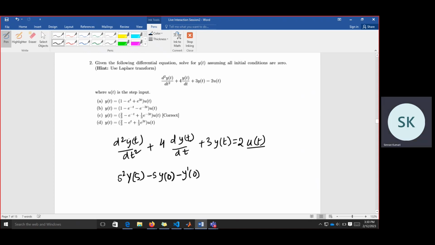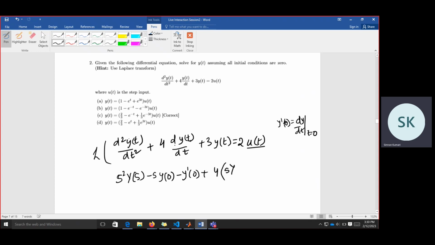Y dash is the differentiation of y with respect to t. So y dash 0 is equal to what? dy by dt at t equal to 0, plus 4 dy by dt is the Laplace transform of this.